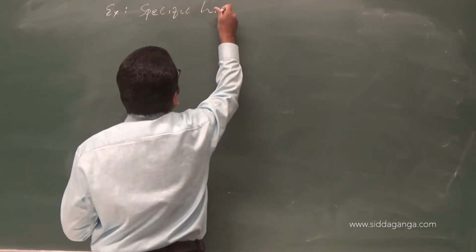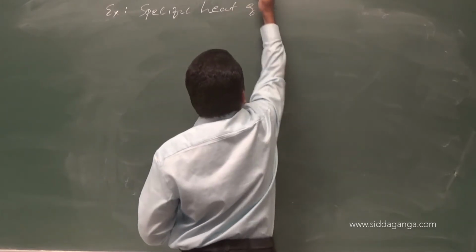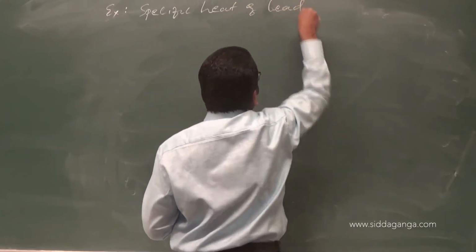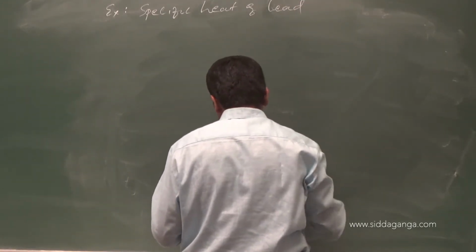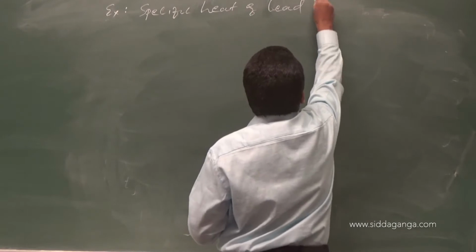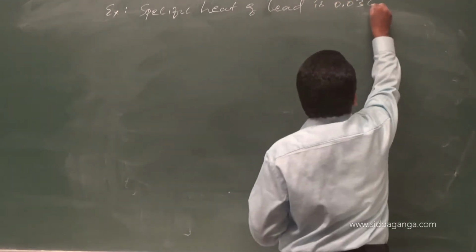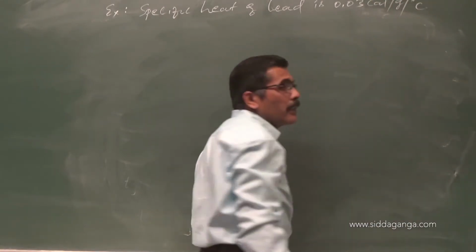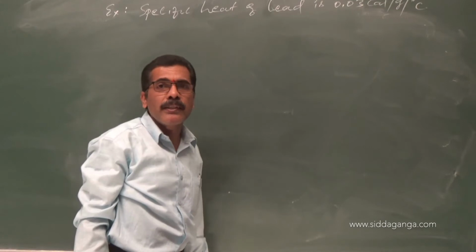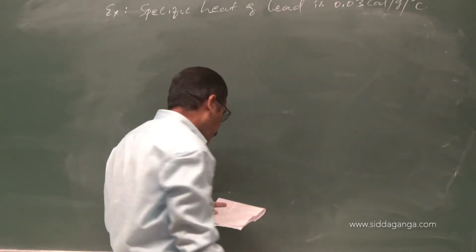Specific heat of lead is 0.03 calorie per gram per degree Celsius. Instead of giving joule per kg per Kelvin, they are given in calorie per gram per degree Celsius.